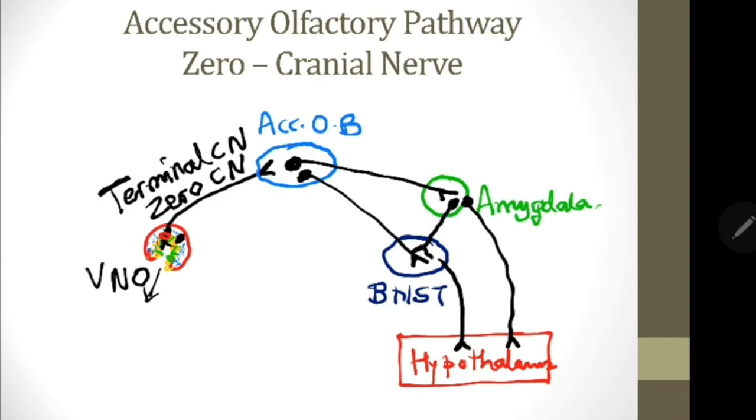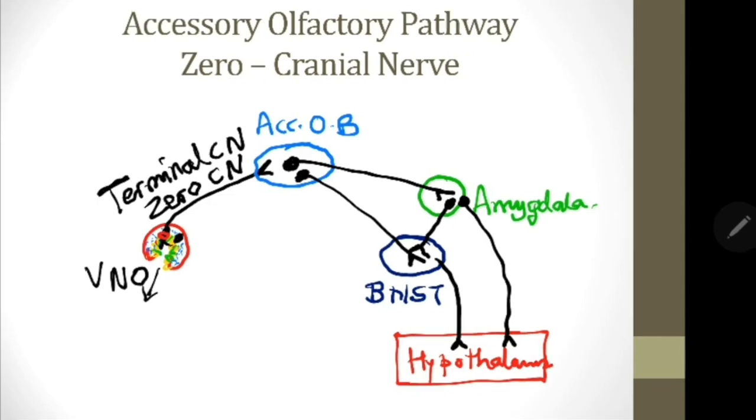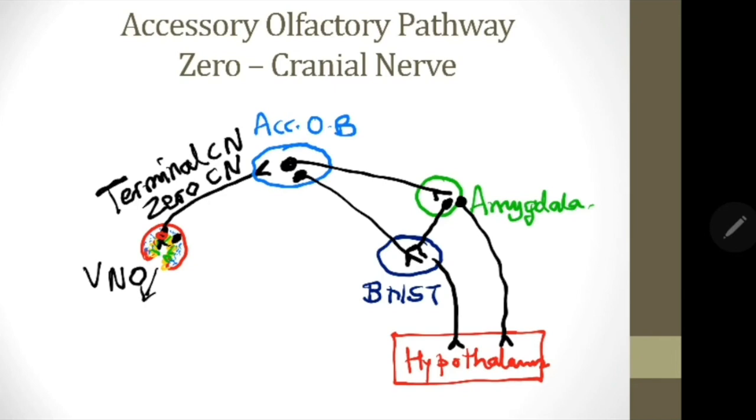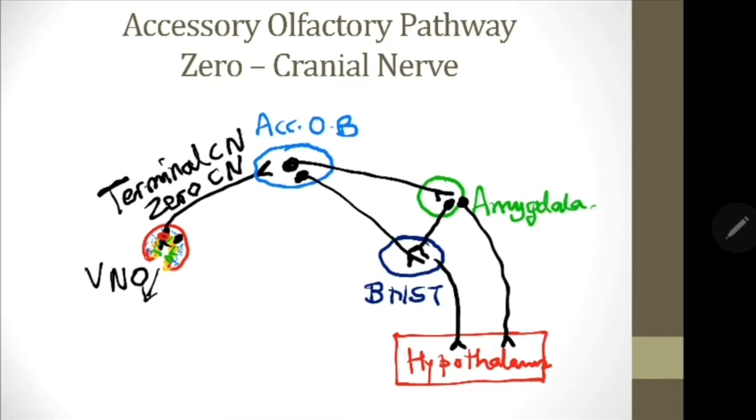Now basically, why this zero cranial nerve? Let me tell you, during embryological development, as ontogeny repeats phylogeny, even if adult human beings may not have this vomeronasal organ at present, during development each human embryo passes through all the evolutionary stages.